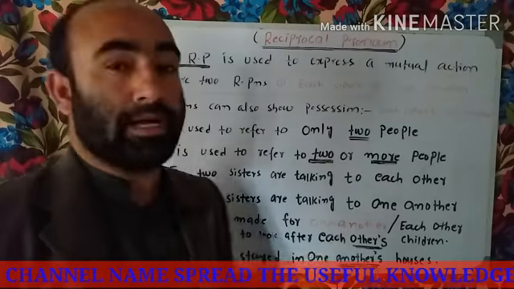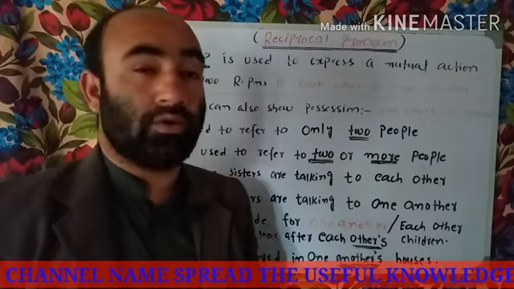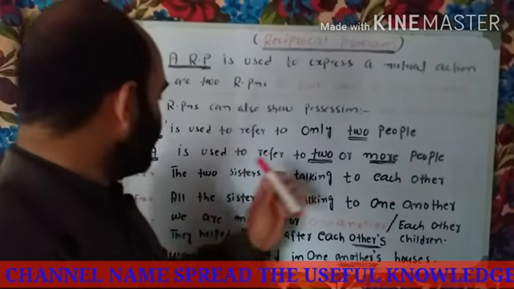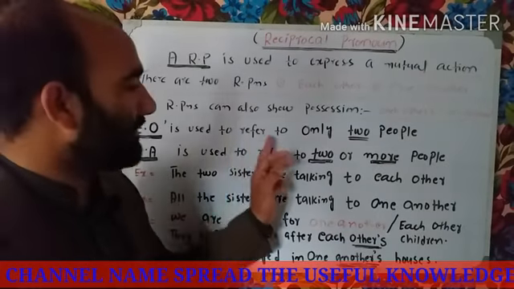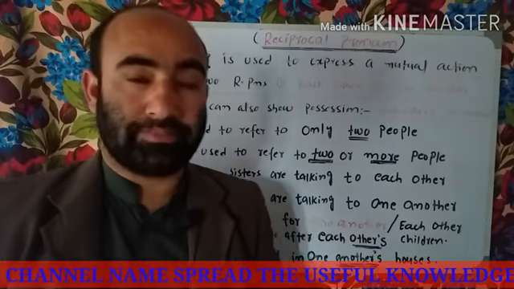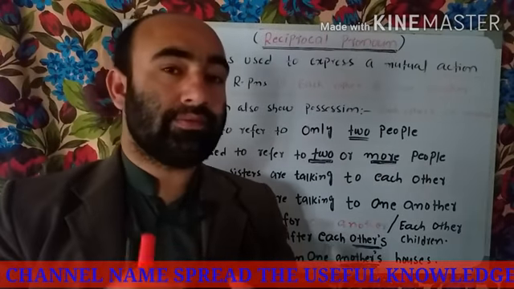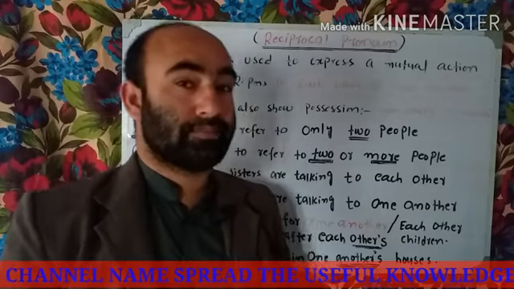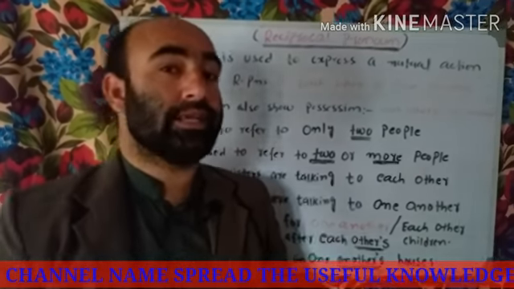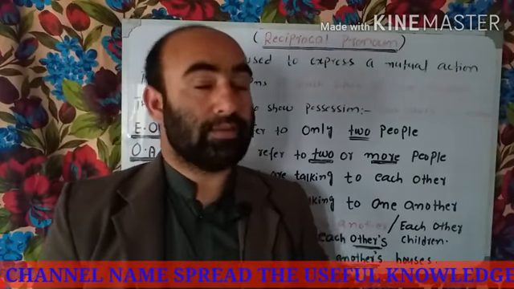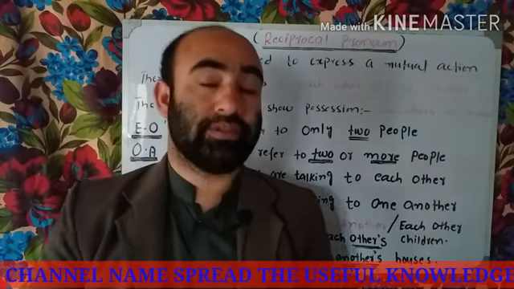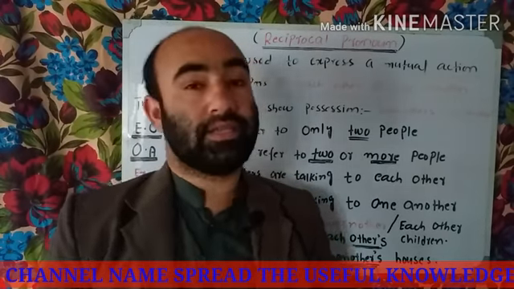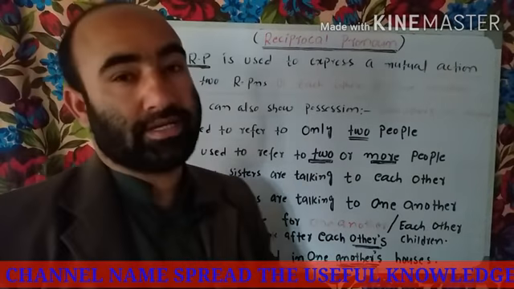Now let's talk about each other and one another in detail. Each other is used to refer to only two people. Whenever the action is shared, the mutual action is between two persons, then we use each other.